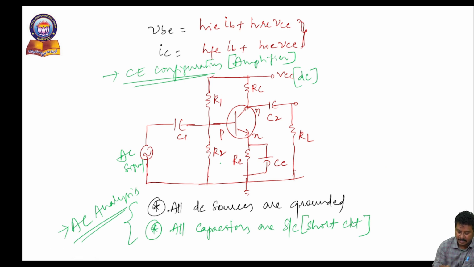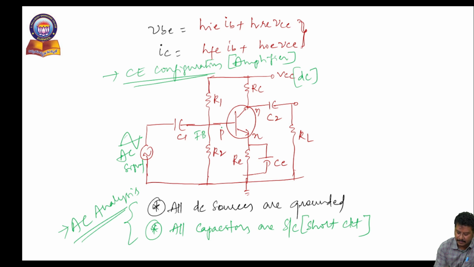R1 and R2 are the biasing resistors, RE is the emitter resistor or feedback resistor, and C is a bypass capacitor. Before applying any signal to this circuit, first we have to see whether the transistor operates in the active region or not. For that purpose, I am initially applying the input side as forward bias.